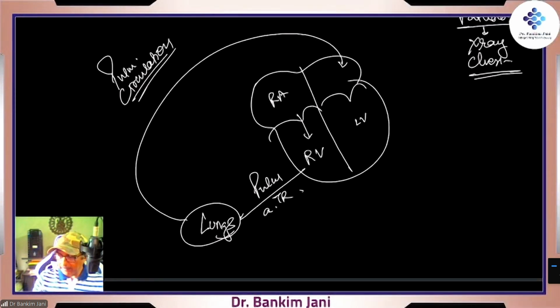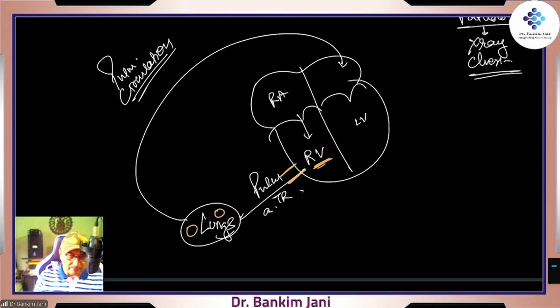Over here, we'll be dealing with four things: the right ventricle, and the pulmonary trunk or pulmonary artery. Those arteries keep on dividing and move on to the alveolar system.